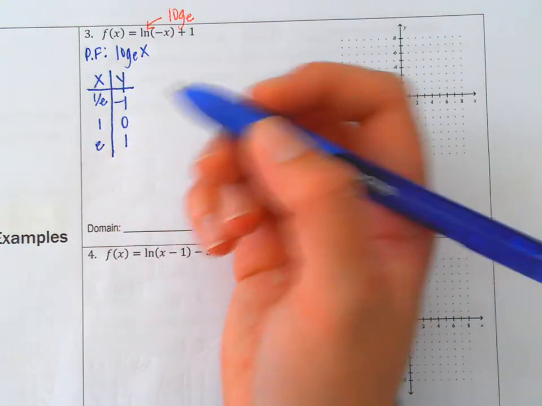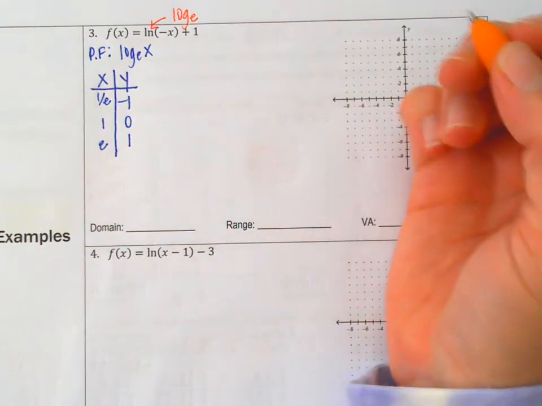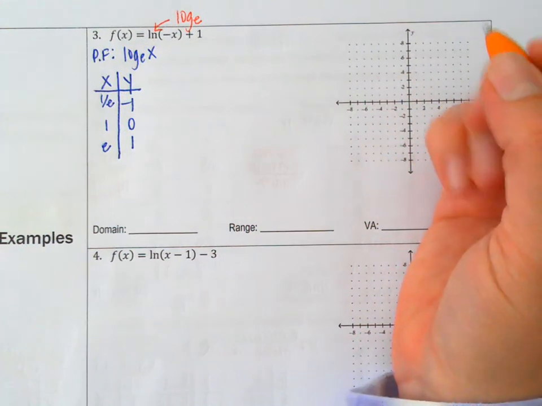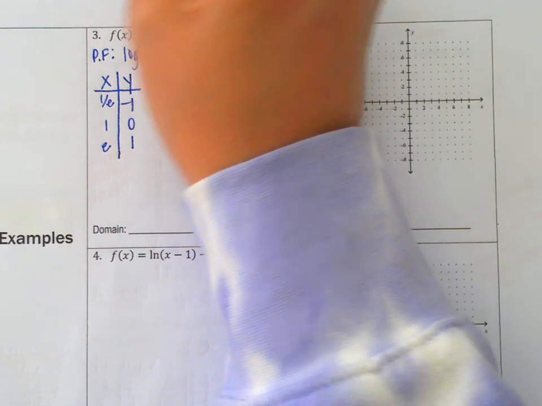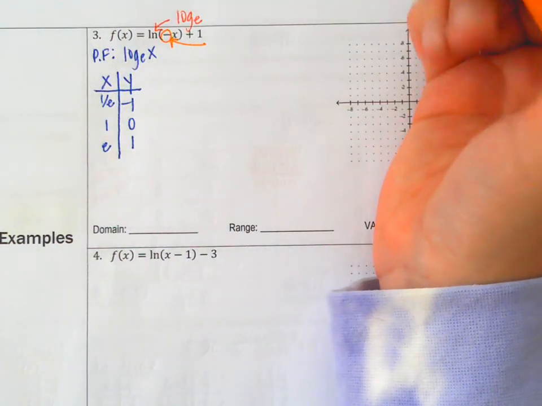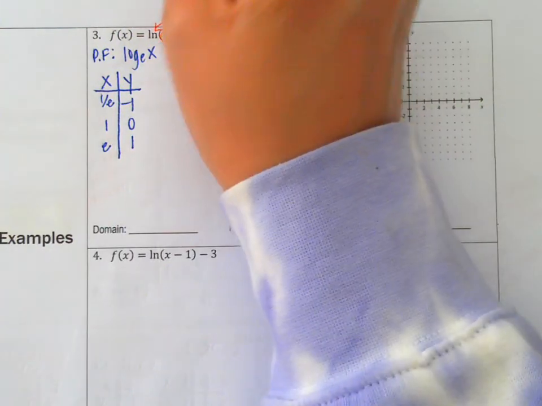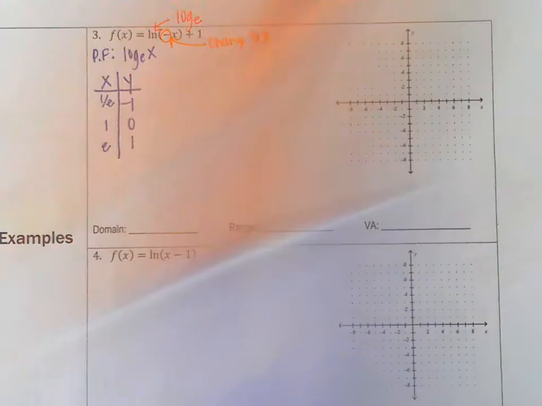And then I think about what are my transformations. So I have this negative. Is the negative within the function or is it outside the function? And it's within. So when it's within, is that a change to the x or is that a change to the y? And that's a change to x.